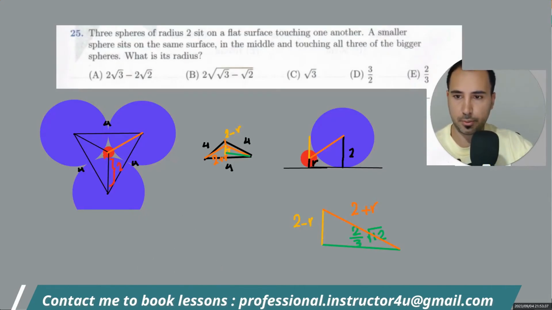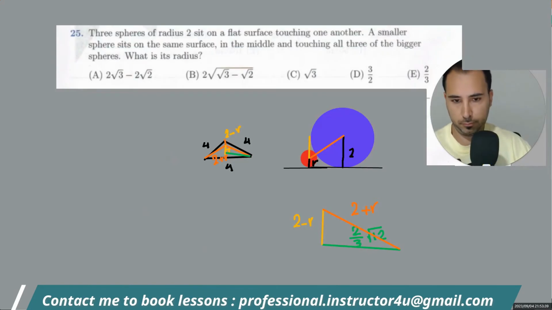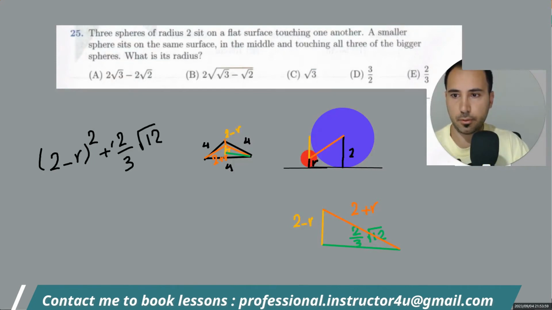To do that, let me do some cleaning. So it will be (2 minus r) squared plus (2/3 square root of 12) all squared is equal to (2 plus r) squared. Okay, so I'm going to just write it here.